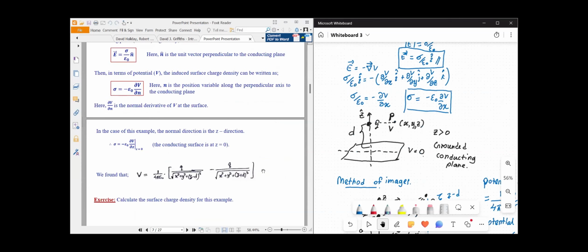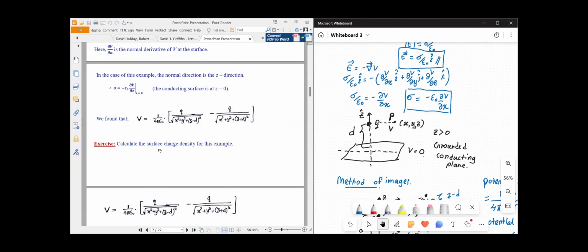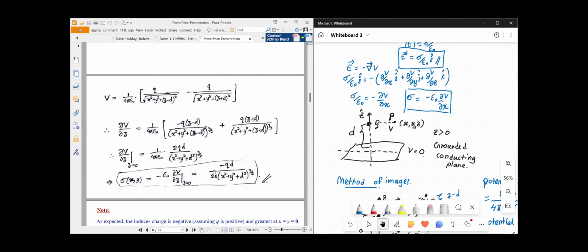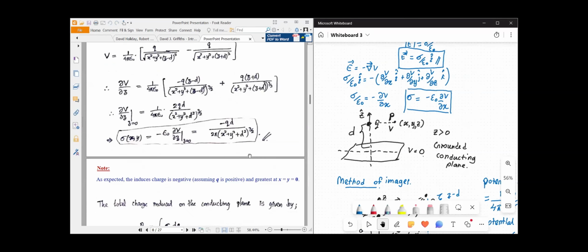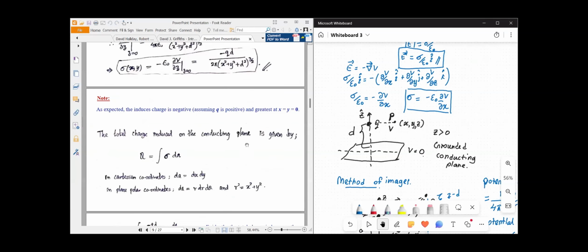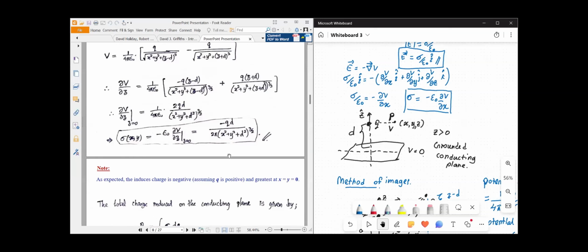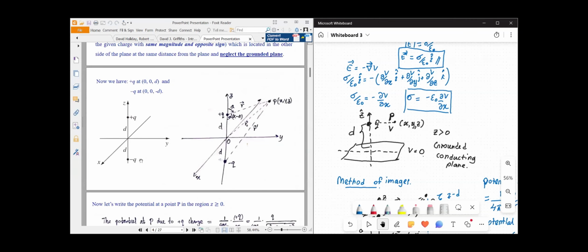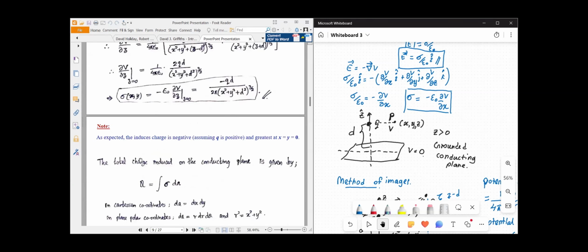And then using those results, we calculate the charge density. So charge density is going to distribute like this. Then with the charge density, we calculate the total charge that is induced, mainly due to these two, plus q and minus q charges.